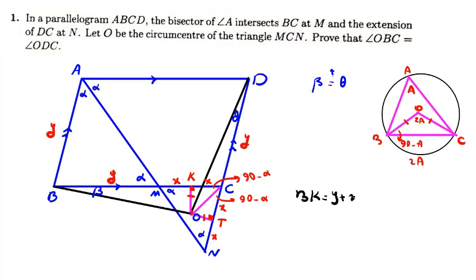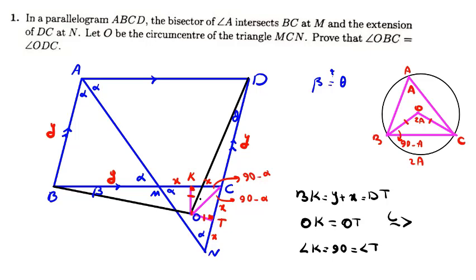It is Y plus X. Also, DT is what? Y plus X. So one length here. OK, we proved OK equals OT because CO is the angle bisector. OK equals OT, so two sides, and also angle K equals 90, equals angle T.